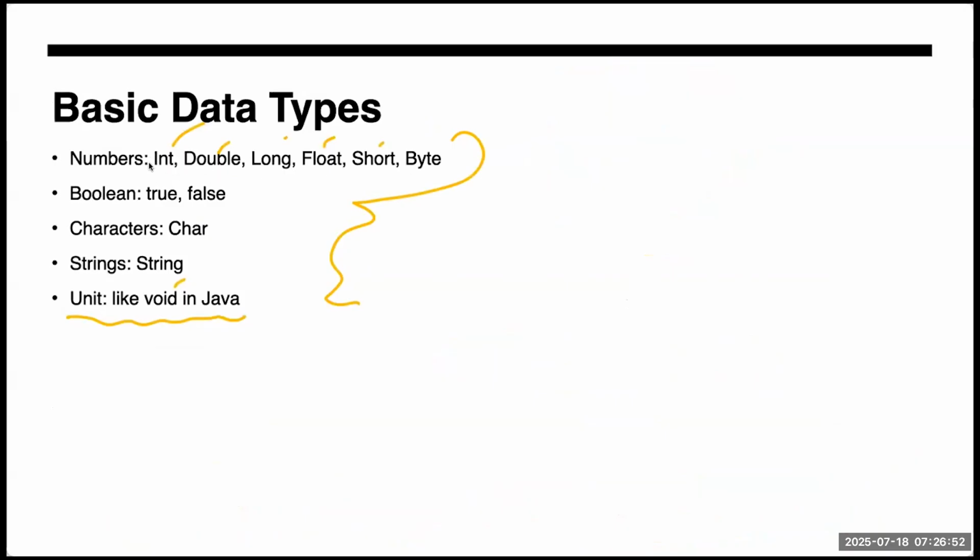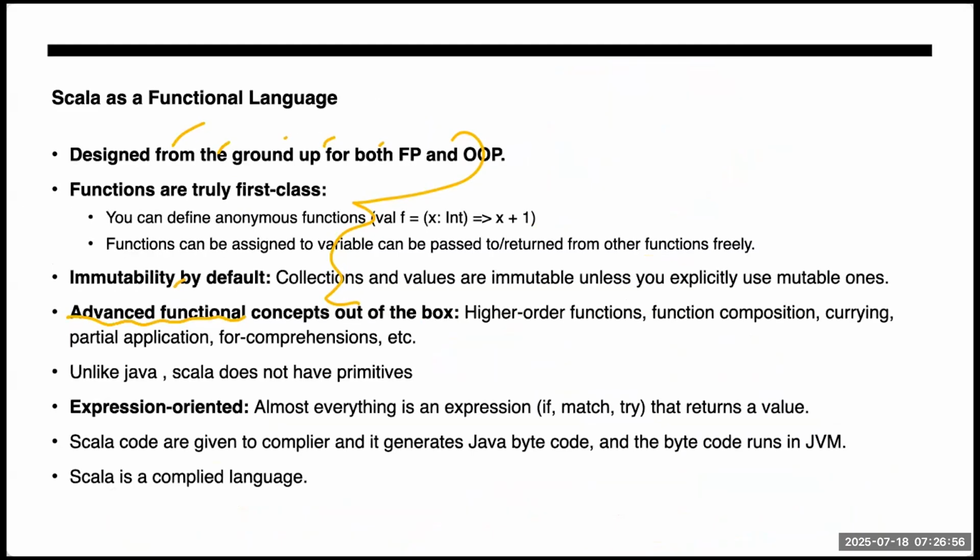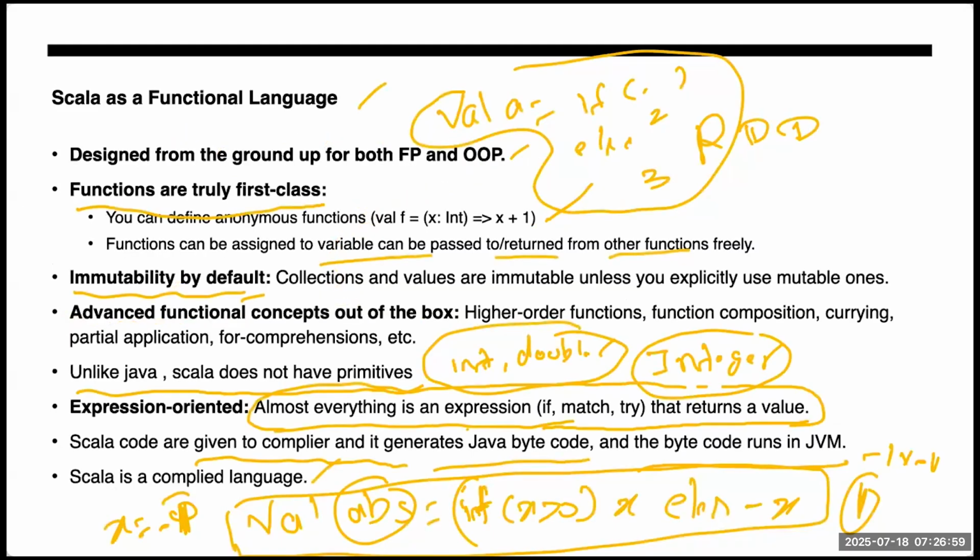These are the data types you have here, but Scala doesn't have any primitive data types the way Java has int. Though int and double are also in Scala, we don't call them primitive.